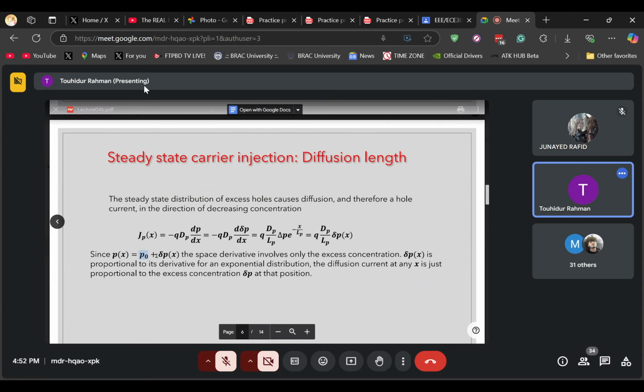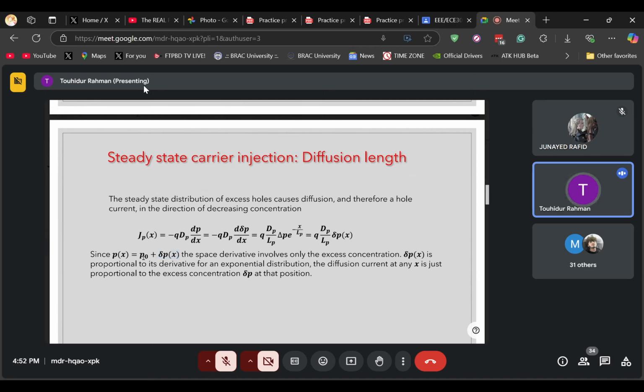Delta p(x). So that's why we can take the derivative of the constant out. We can only keep the component which is a function of x. That's why p becomes delta p, because we eliminated dp0 by dx. That has no value for us.